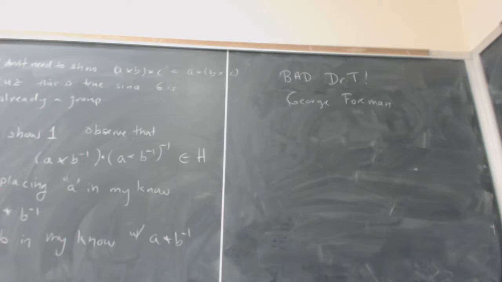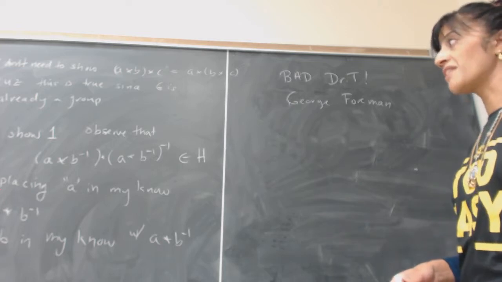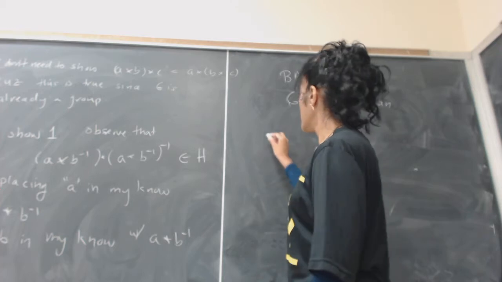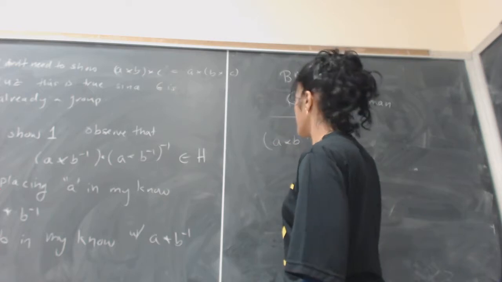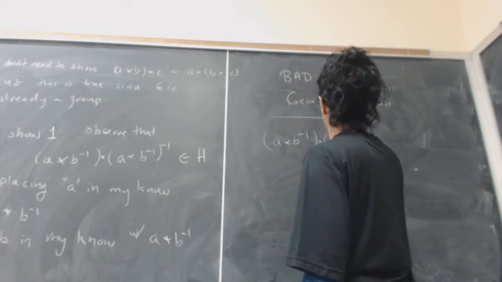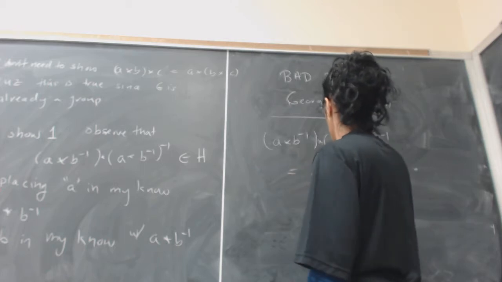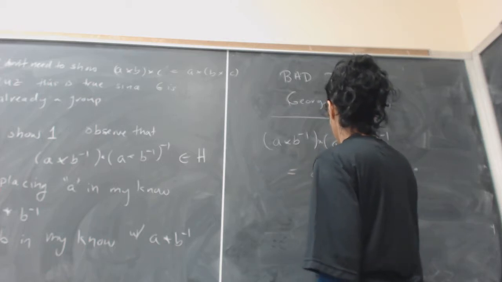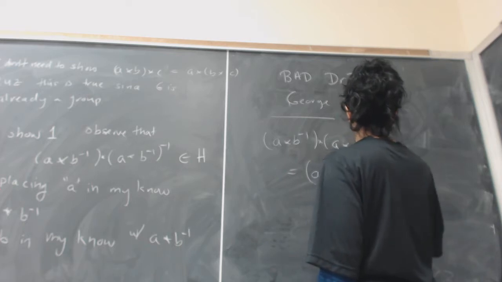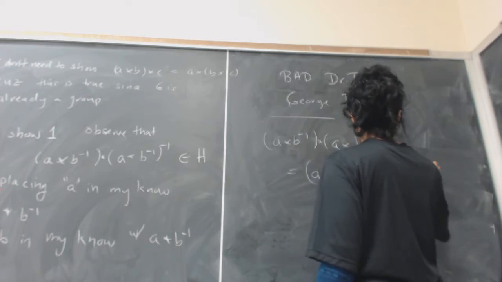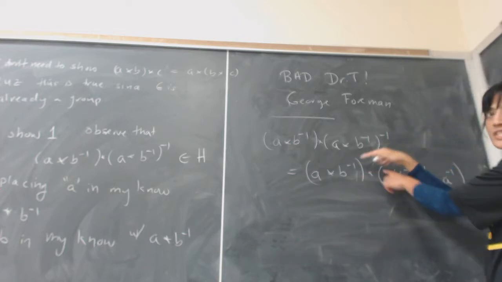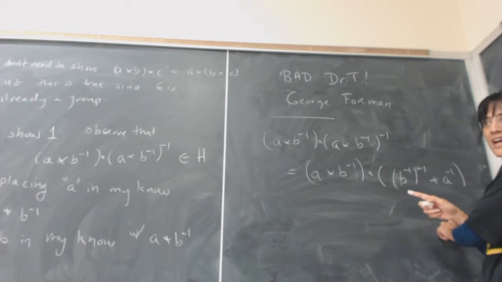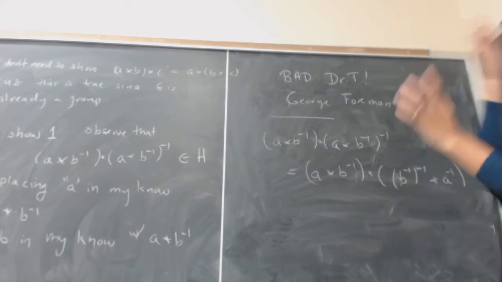And now I'm going to drop some stuff. Well, I'm going to do one maneuver, which probably needs some justification. This inverse coming in rotates the order, and you guys probably did this in linear algebra: A times B inverse is B inverse A inverse.